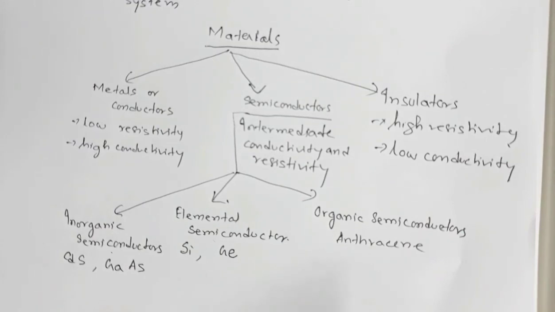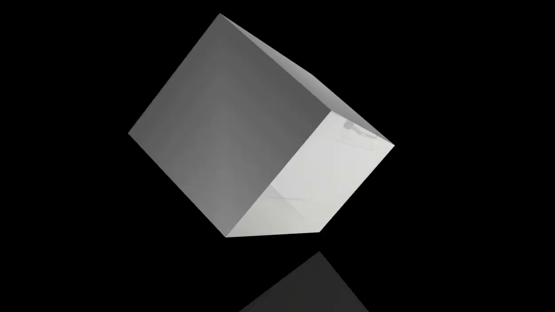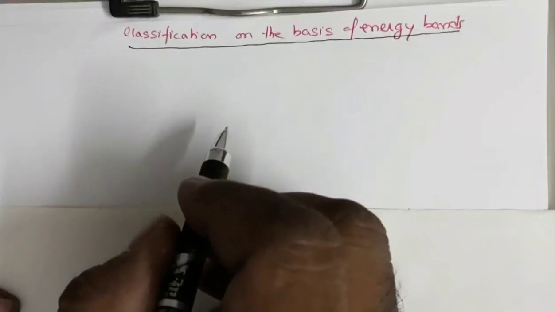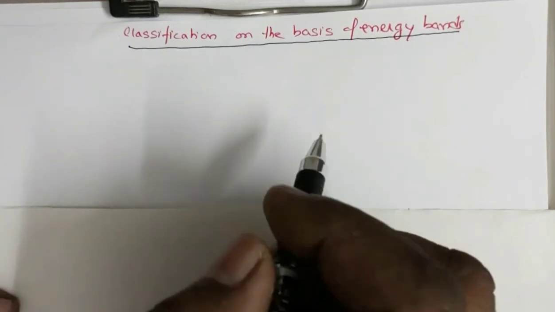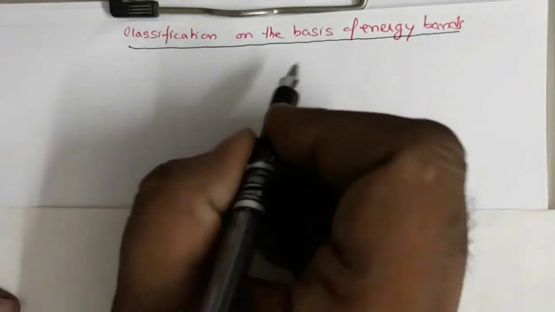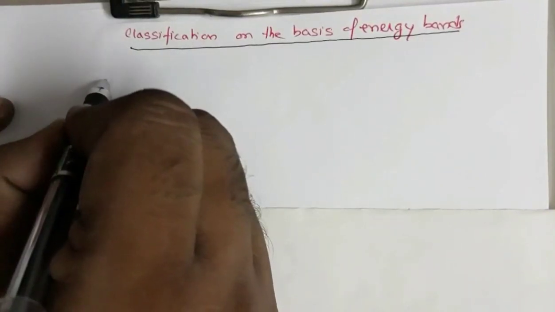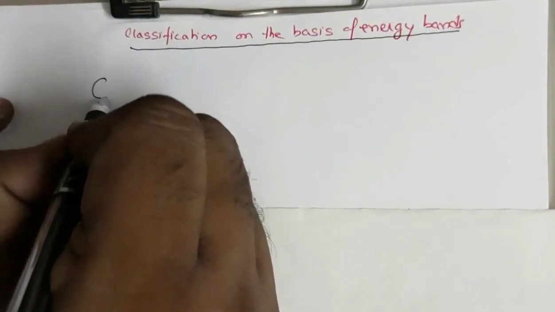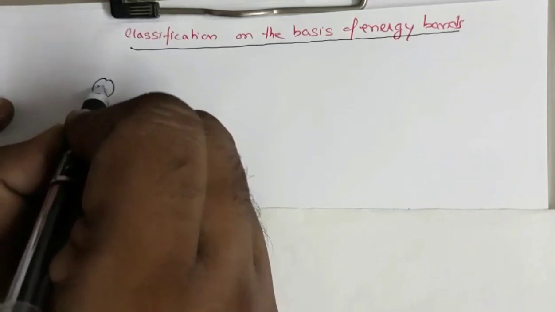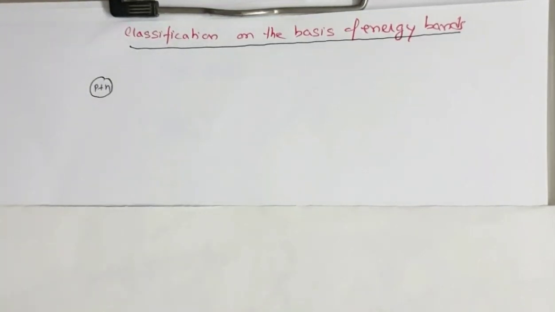Okay, now next we will see the classification on the basis of energy bands. Before we go into the detail of this classification, we need to understand that for a single atom, this is the nucleus with proton and neutron.